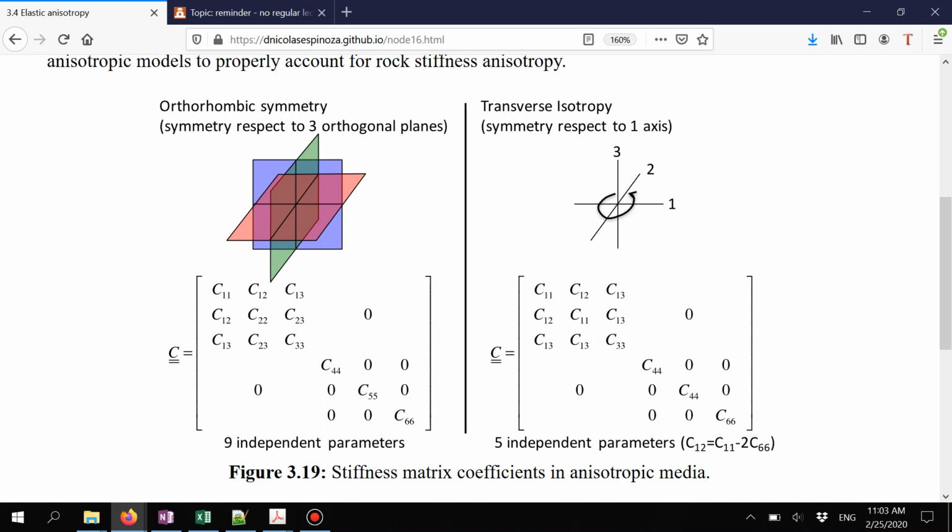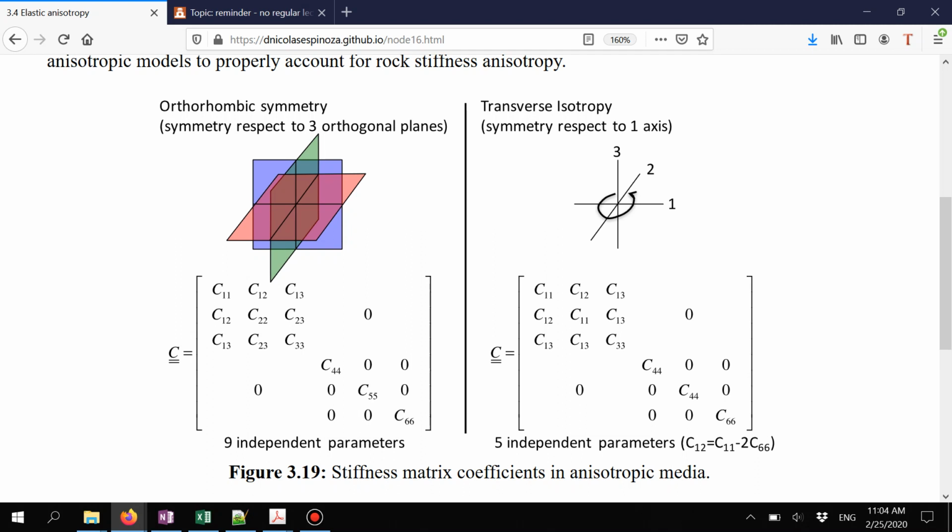If you consider an anisotropic rock, then there are 2 simplifications. You can consider that the rock is orthorhombic, like here on the left. And in that case, you will have 9 independent parameters. That means that the stiffness depends on direction. There are 3 different stiffnesses, C11, C22, C33 in the normal directions, and there are some other different ones in the shear components and also in the off-diagonal terms.